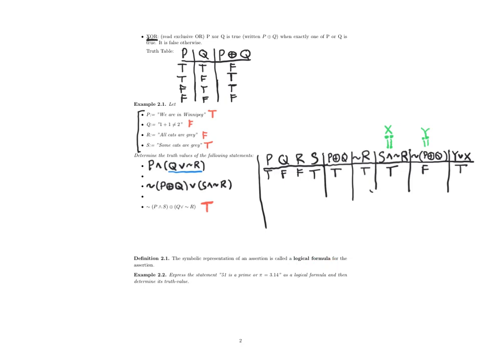So these here that we're writing down are logical formulas. And as a little example, we can try to express this statement, 51 is a prime, or pi equals 3.14, as a logical formula, and then determine its truth value. In fact, it's a little bit easier than what we've been doing up here. So maybe pause the video now, try that, give it a go.